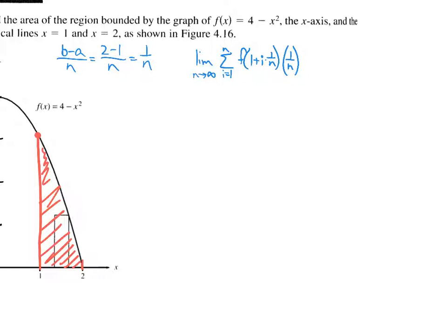However, if you're told to use 6 rectangles, I know n is 6, and I'm not going to take the limit. I'm just going to do the sum from i equals 1 to 6. You would find the different x coordinates and plug those numbers into the function to get the heights, and literally add up 6 rectangles.